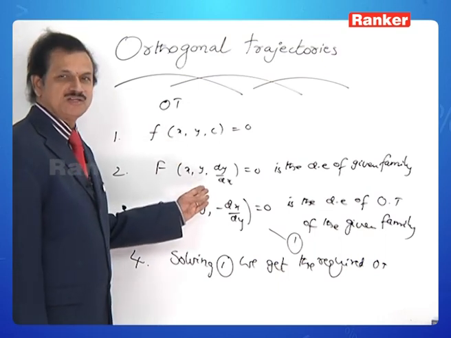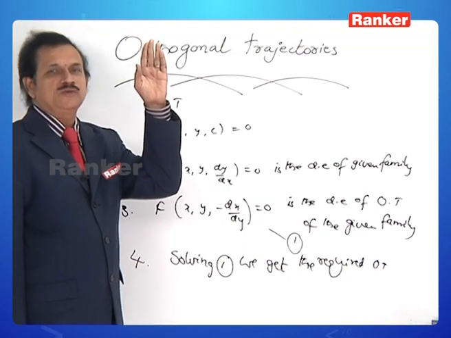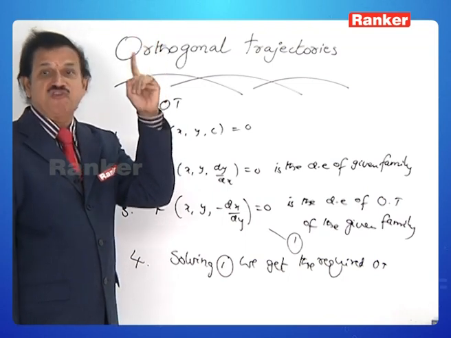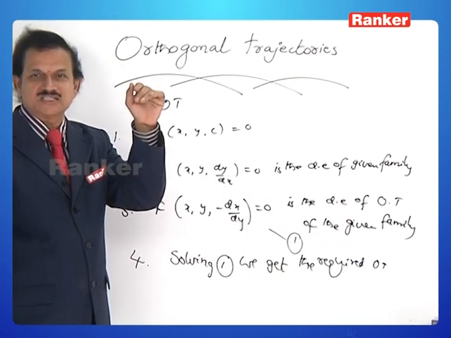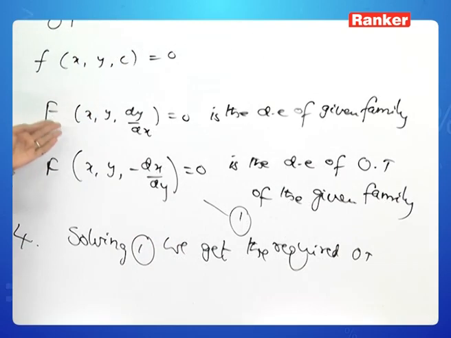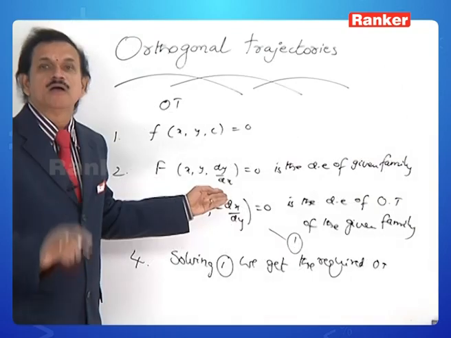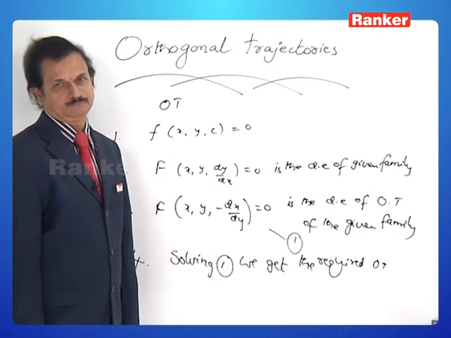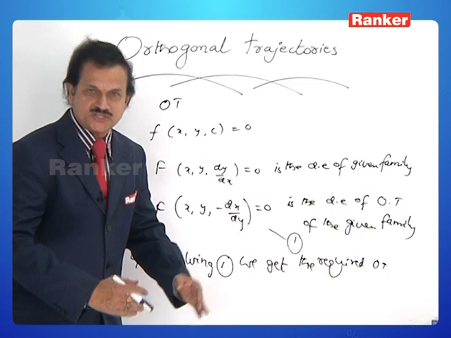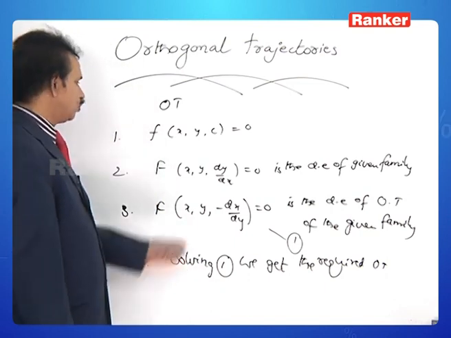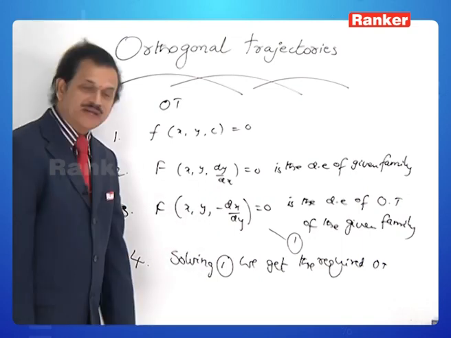I think you know the methodology. At the very beginning of the chapter differential equations, we discussed it under the heading formation of differential equation, isn't it? Using those methods, you obtain the differential equation of the given family. Next step is the crucial step, very important step. Now you replace dy by dx by minus dx by dy.